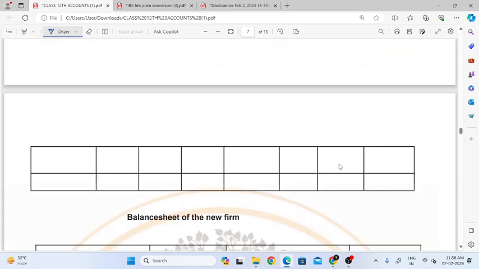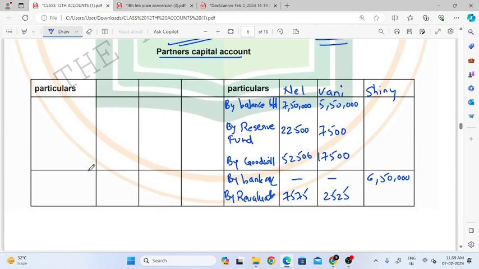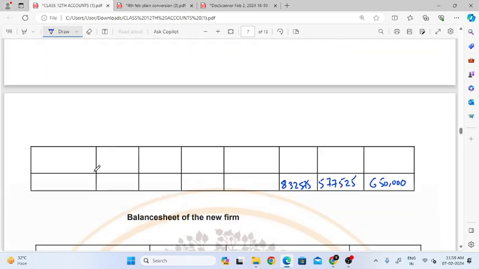My total comes to 8,32,575 for Neil, then 5,77,525, and here 6,50,000. Now there's nothing on the debit side of the partners' capital account, so this only will be the capitals of both the partners.